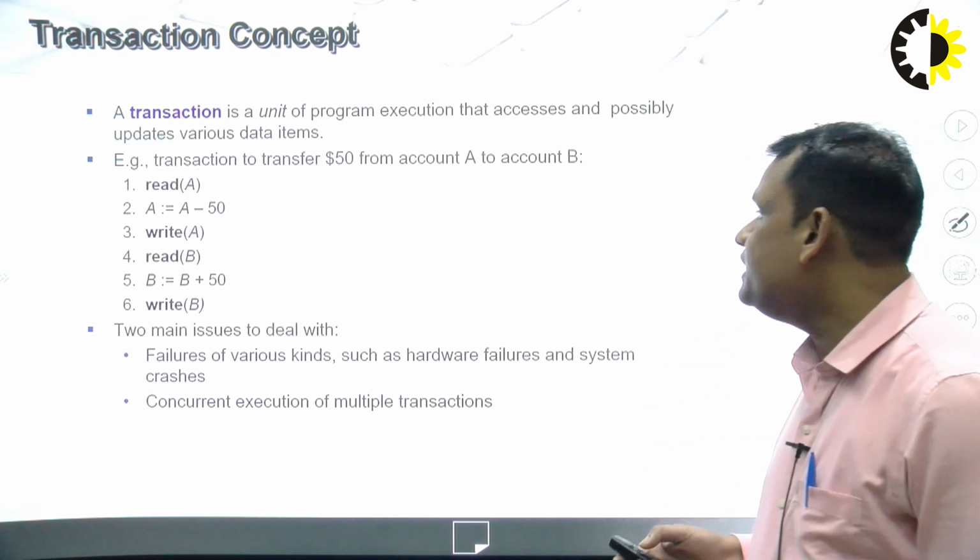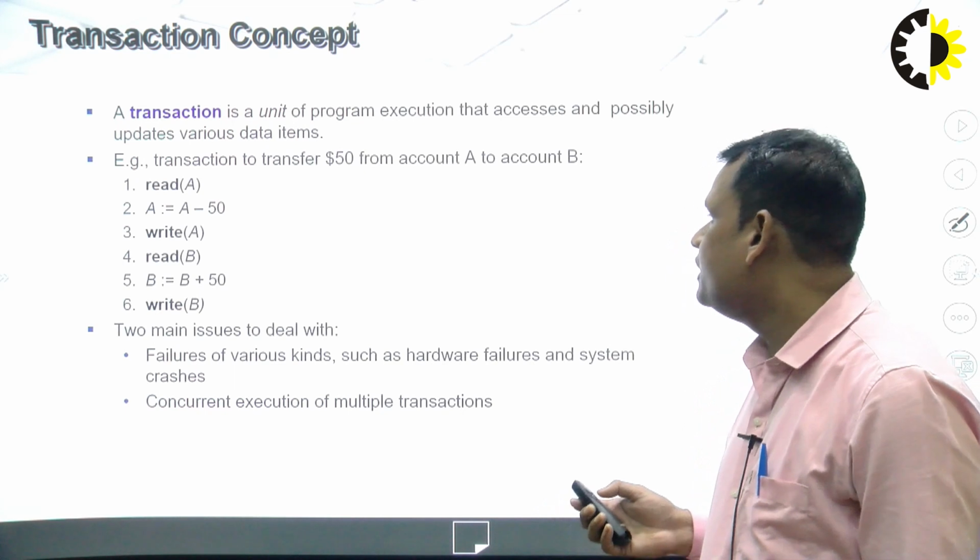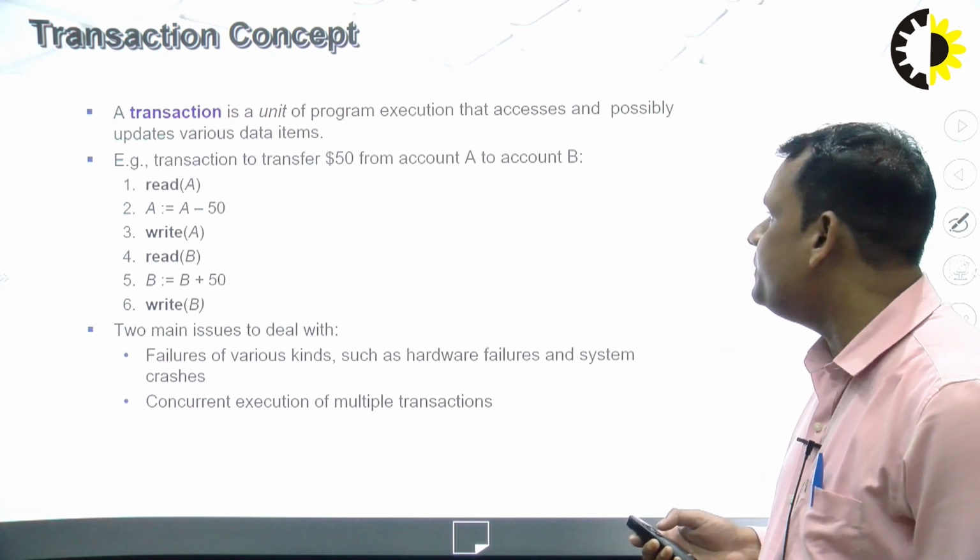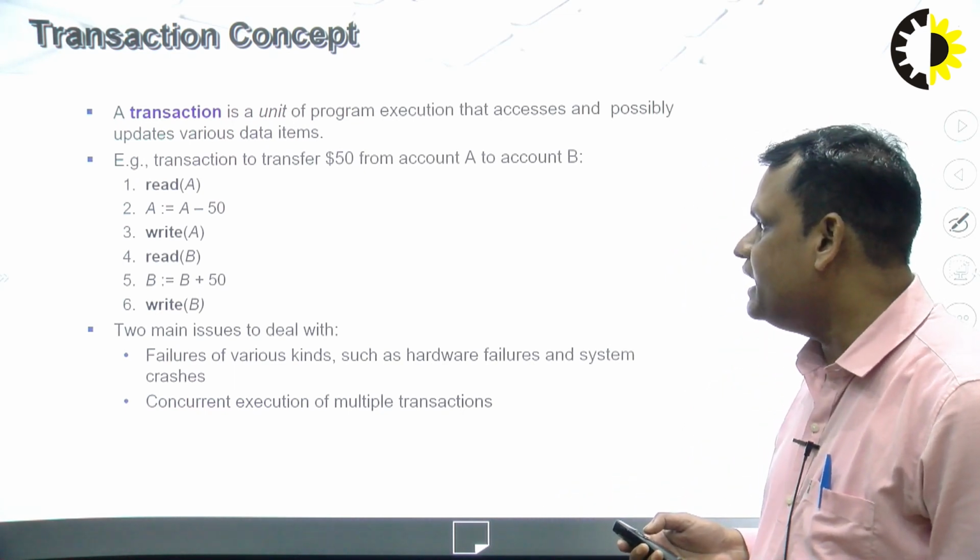A transaction is a unit of program that accesses and possibly updates various data items.